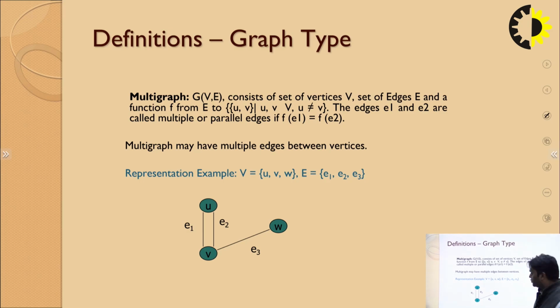As shown, E1 and E2 are parallel to each other. That means if there are common vertices between two edges, then these edges are parallel edges.